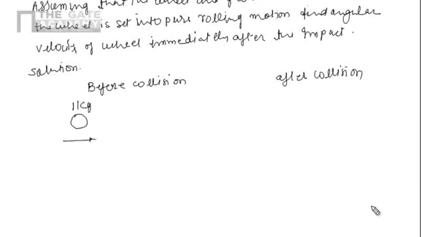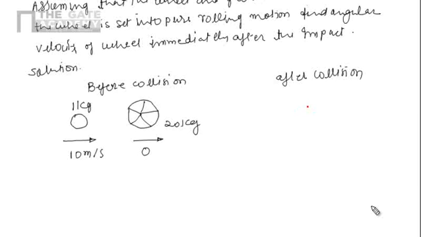It is moving with a velocity, suppose 10 meter per second in positive x direction, and here it is a stationary wheel, so the velocity is 0 and mass is given as 20 kg. This clay is moving with 10 meter per second, it strikes this wheel and finally it will stick on it.